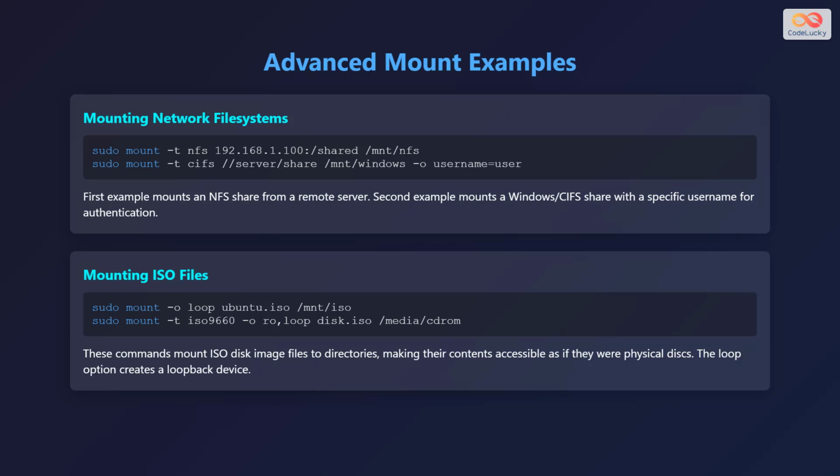To mount ISO files, use sudo mount -o loop ubuntu.iso /mnt/iso. Use sudo mount -t iso9660 -o ro,loop disk.iso /media/cdrom. These commands mount ISO disk image files to directories, making their contents accessible as if they were physical disks. The loop option creates a loopback device.